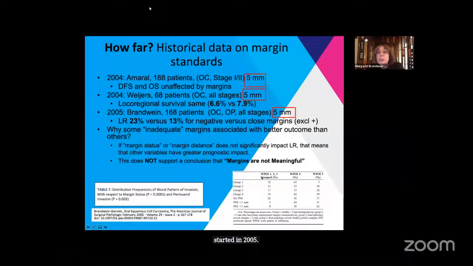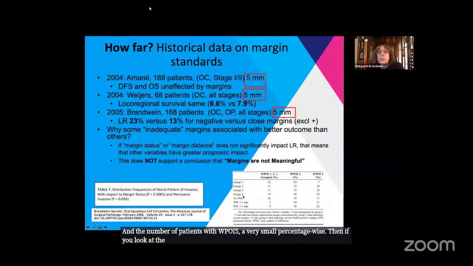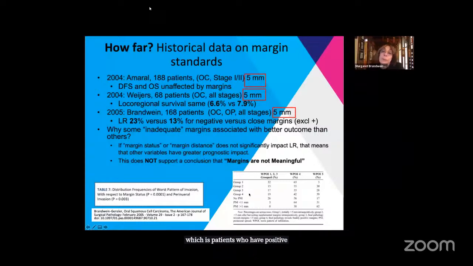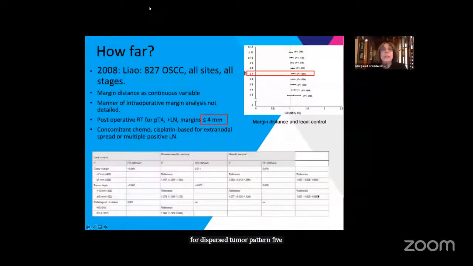In terms of other features, here we have pattern of invasion. And if you look here, group 1 are patients who have negative margins on frozen and negative margins on permanent section. And the number of patients with WPOI 5 is a very small percentage. Then if you look at the opposite side, which is patients who have positive margins on frozen and positive permanent margins, the pattern of invasion for dispersed tumor pattern 5 is significantly increased.